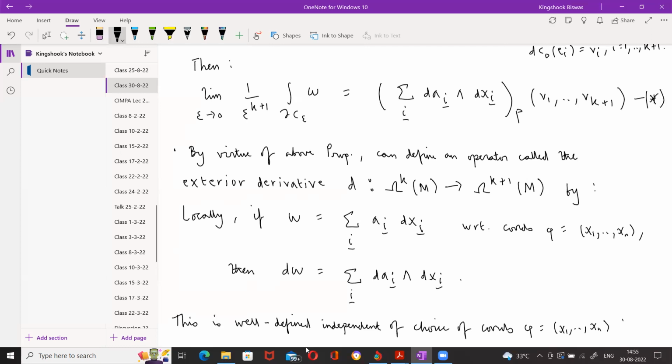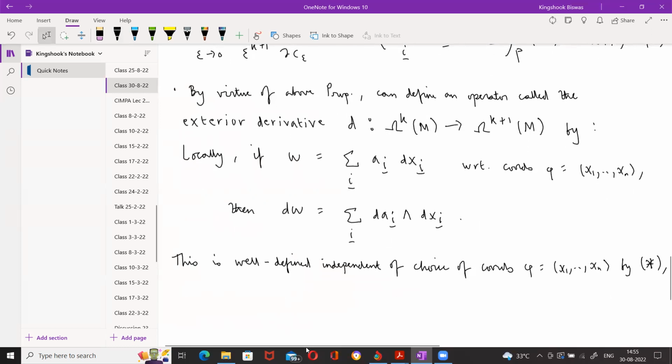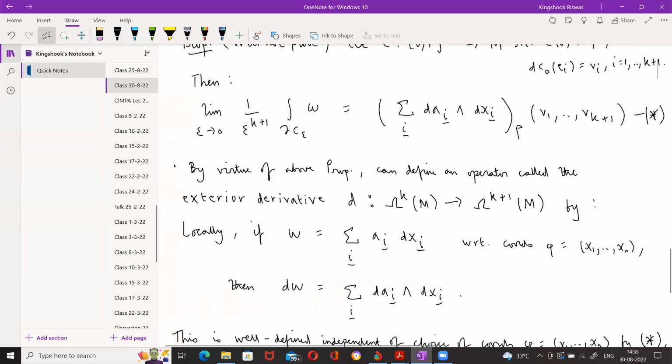By star, this d omega, as we're defining it using the coordinates, acting on k plus 1 vectors v1 to vk plus 1, I can write as this left hand side, which is a limit epsilon goes to 0, 1 over epsilon to the k plus 1, integral of omega over boundary c epsilon.